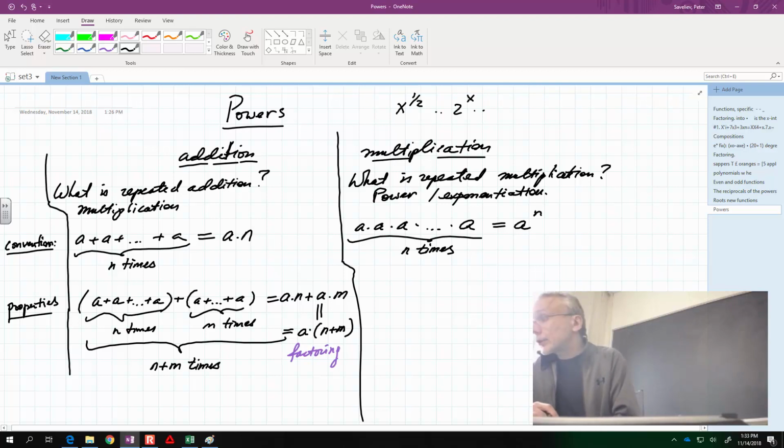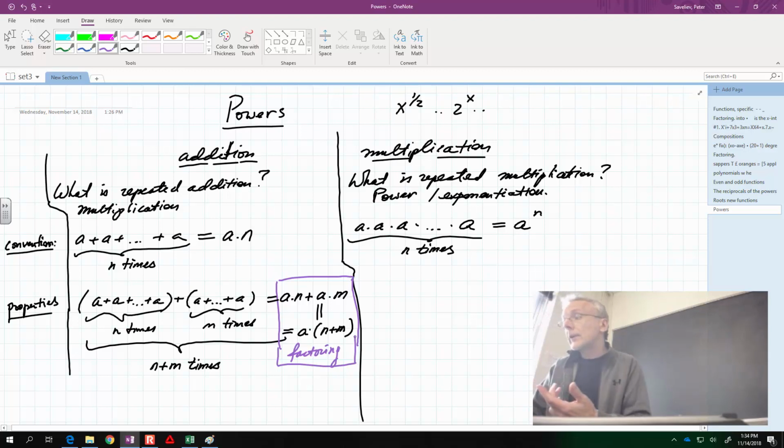If you look at what's happening on the right, this should be a familiar formula. It's factoring if you go this way. If you go upwards, what's the name for it? You might remember. It's called the distributive property.